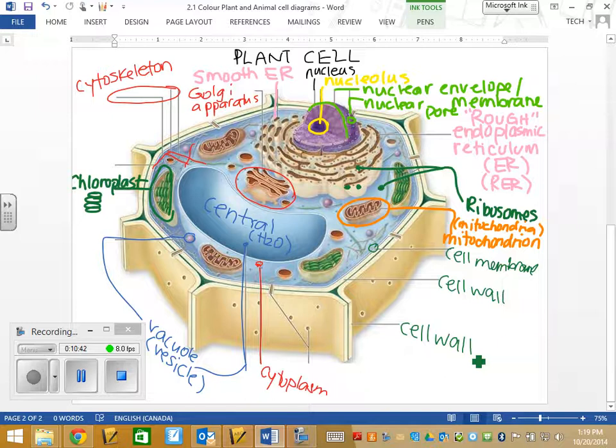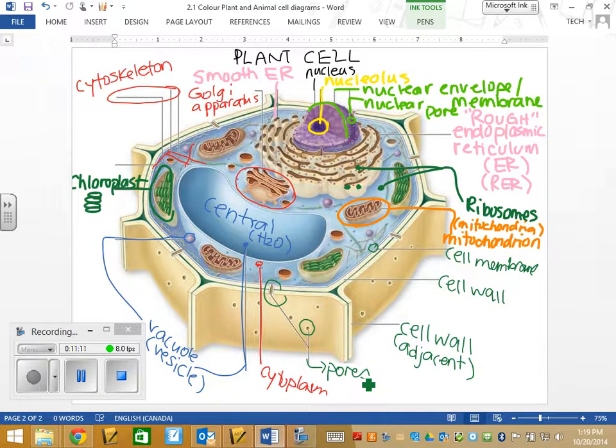And now if you look, it's like there's two layers of it. The second one would be the cell wall of an adjacent cell. And it's on the picture so that you can see that between one cell and another, like you can see over here, there are pores so that material can be transferred even though there's that giant cell wall in the way.